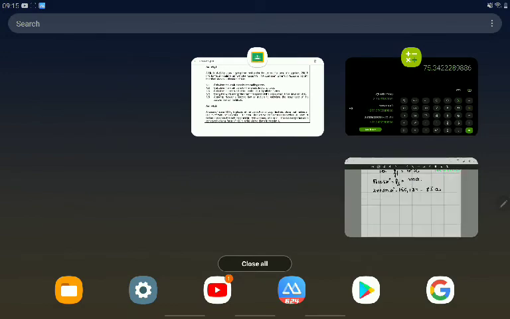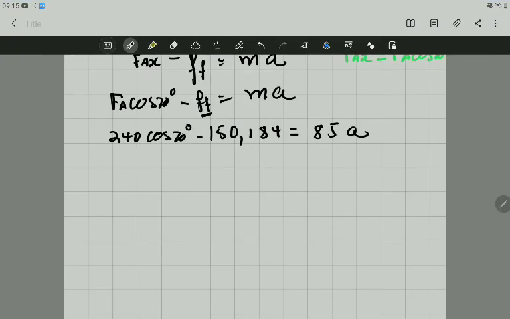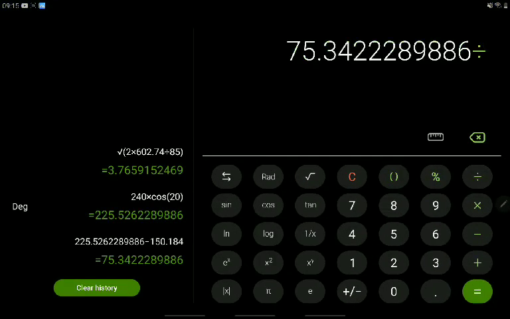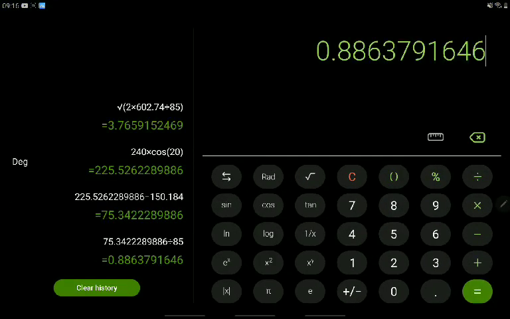This is what we did just now, this calculation. Now the 85 is moving to divide. So we divide both sides by 85, and that is what we're going to substitute in the calculator. All that is divided by 85. The final answer is 0.8863. So we're going to round off to two decimal places, which will be 0.89.